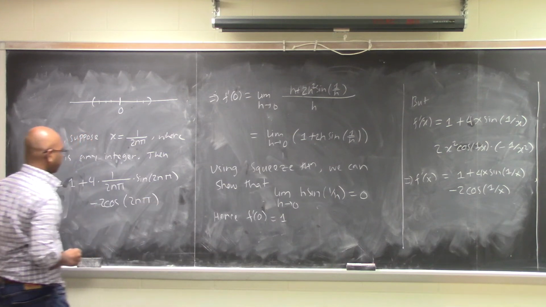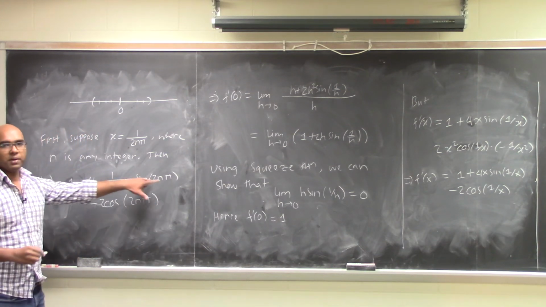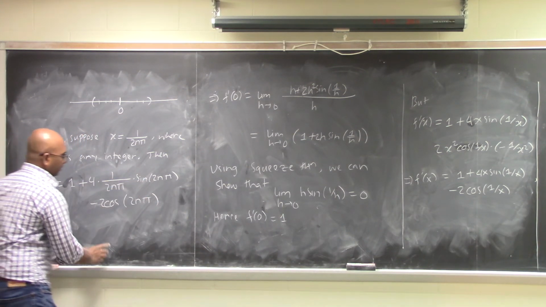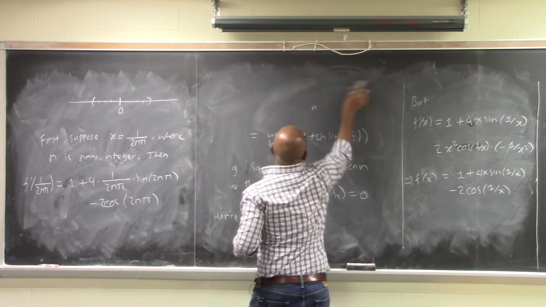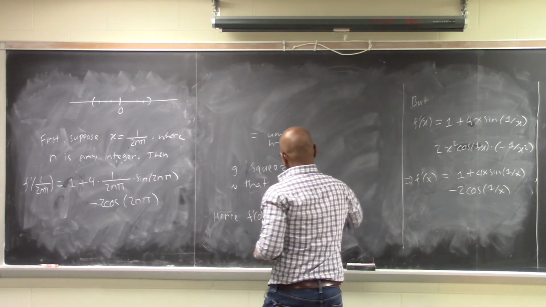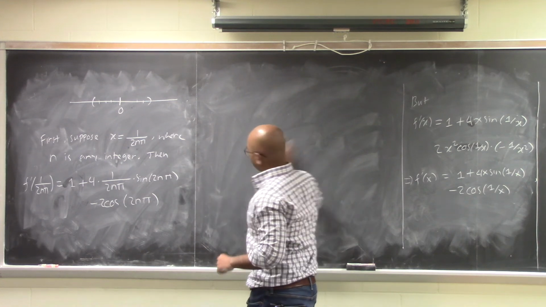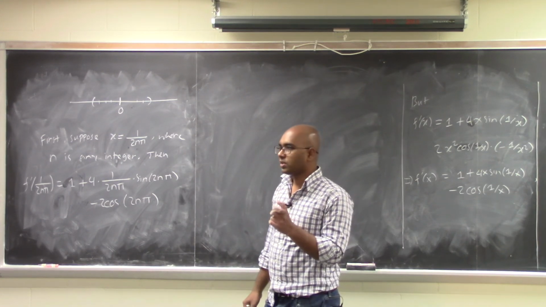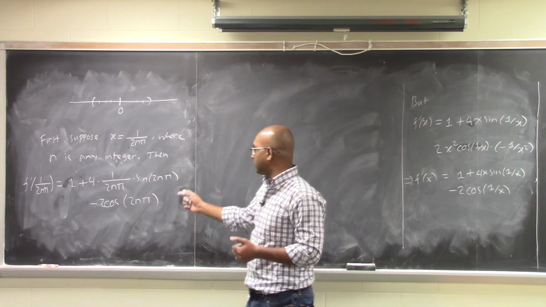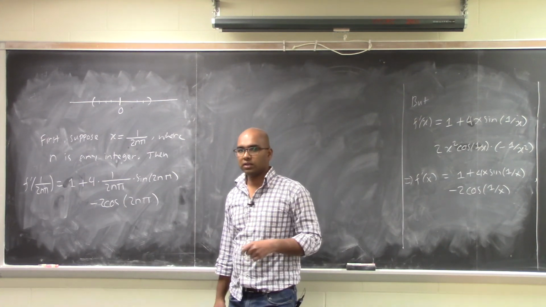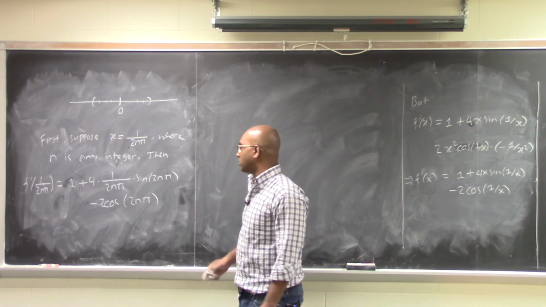But sine 2n pi is 0, so that part will be gone. What is cosine 2n pi? For n equal to 0, that is cosine 0, which is 1. For n equal to 1, that is cosine 2 pi, also 1. So cosine 2n pi is always going to be 1.